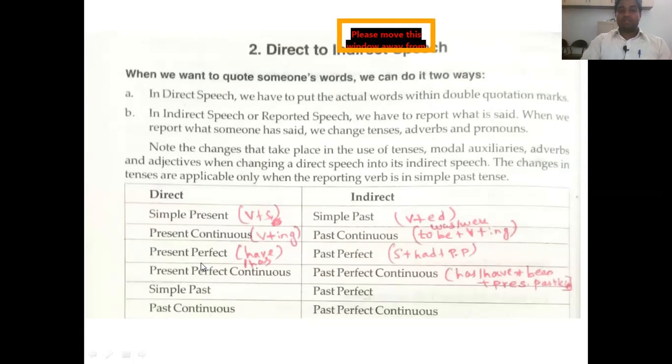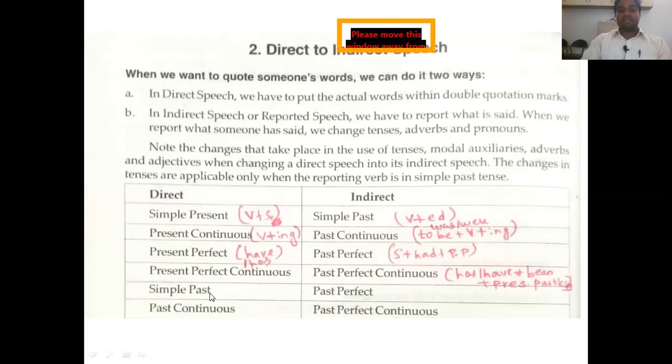Third, present perfect, have or has. In indirect, past perfect, for example, subject plus had plus past participle. Next, present perfect continuous is used in direct speech, and in indirect, past perfect continuous is used.